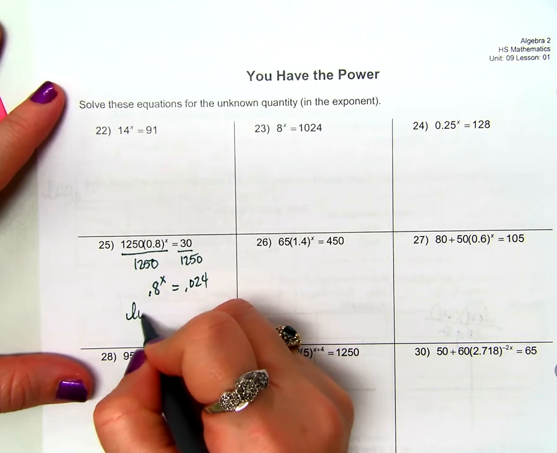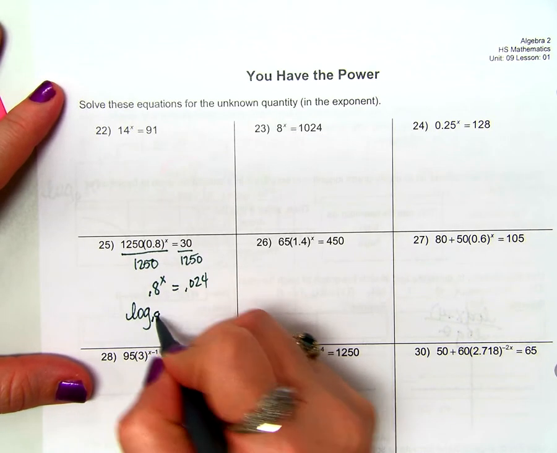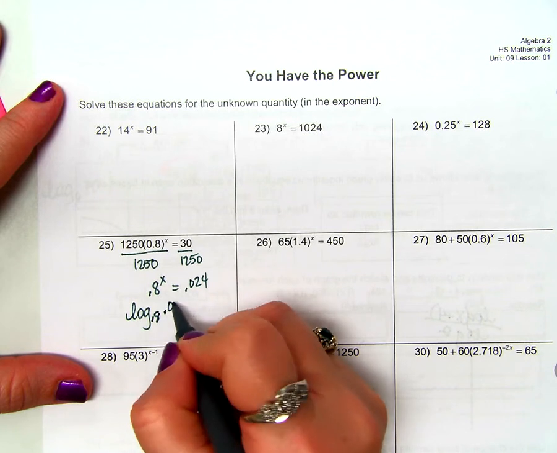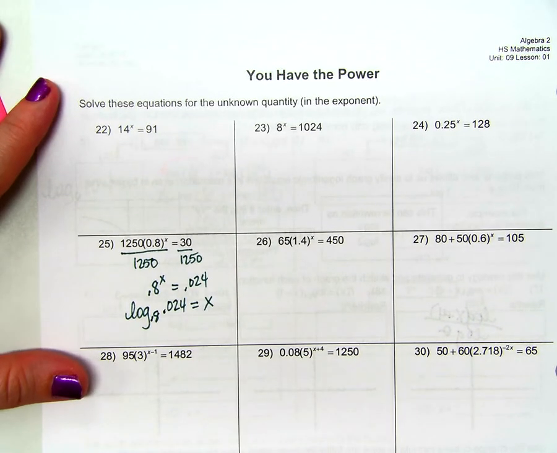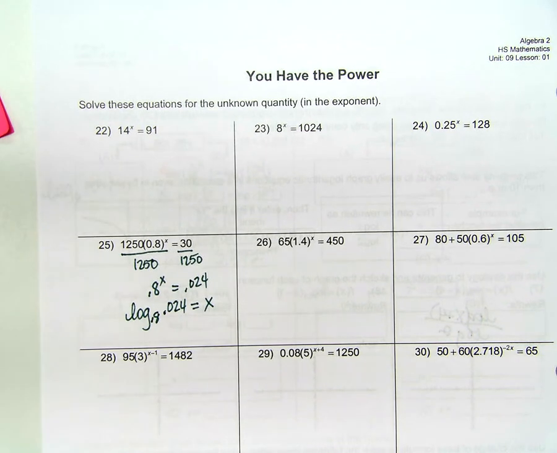So that would be log base 0.8 of 0.024 equals x. We don't want to skip that step because we are going to solve it that way.